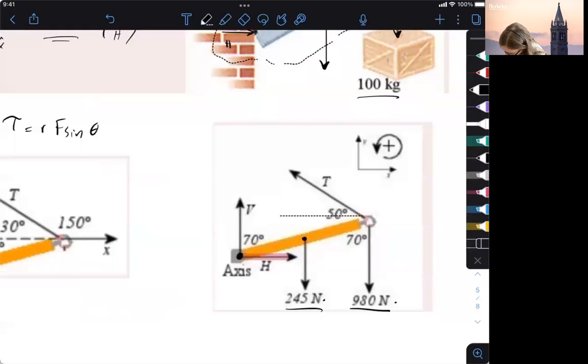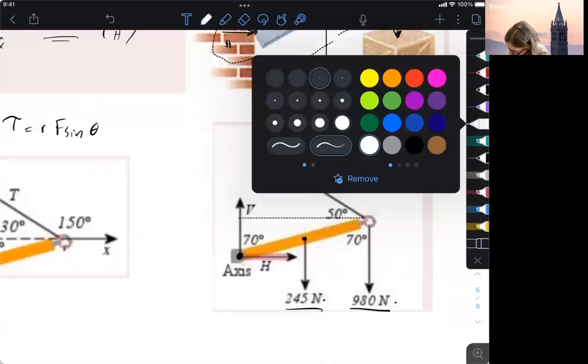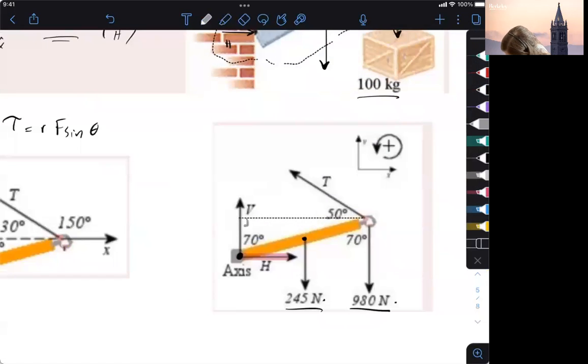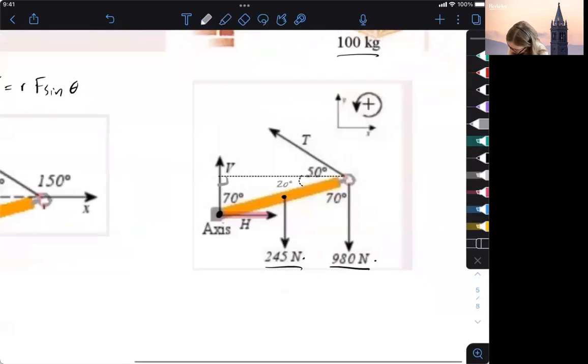So if I want to figure out exactly what angle it is from the horizontal, which is where I'm taking my x from, I have to do a little bit of trig or geometry gymnastics. So that's a 90-degree angle. So this would be a 20-degree angle, 20 degrees, because I know that my triangle is 180 degrees total.